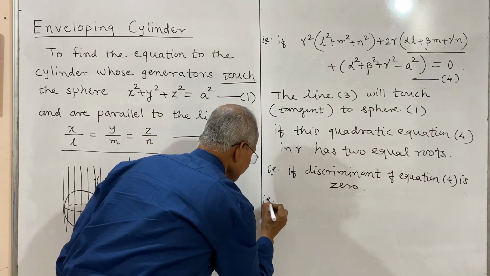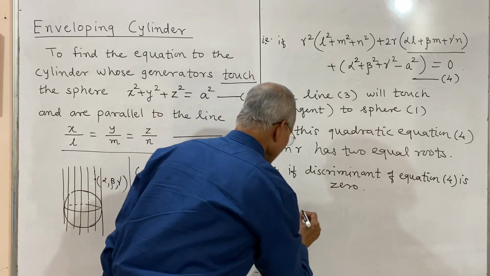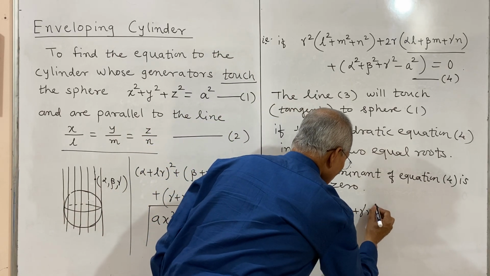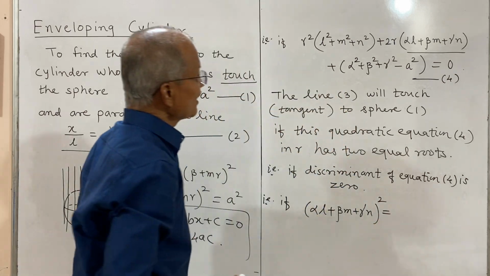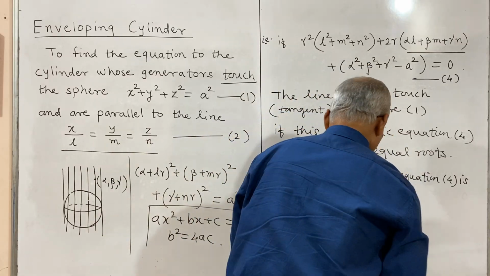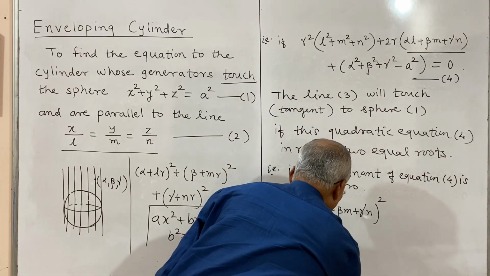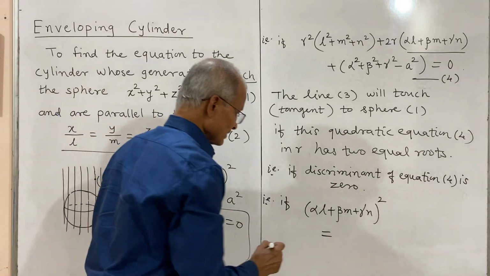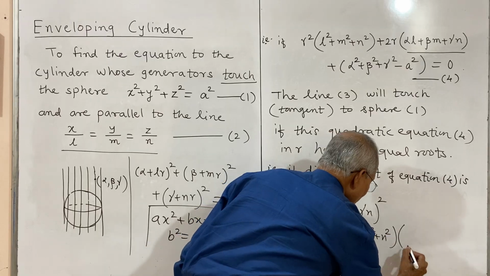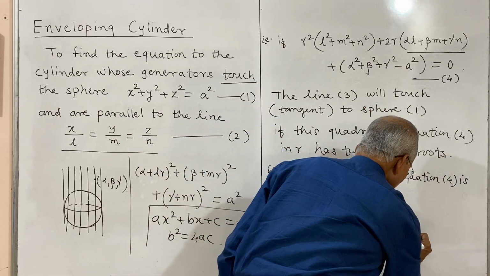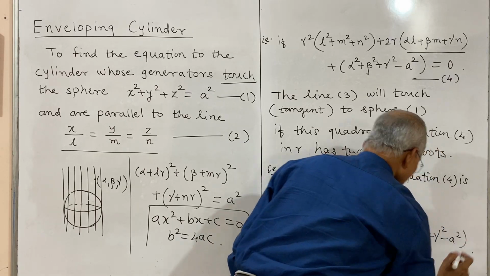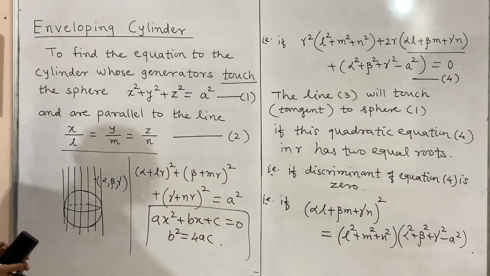That is, alpha L plus beta M plus gamma N whole square is equal to A into C, which is L square plus M square plus N square into alpha square plus beta square plus gamma square minus A square.